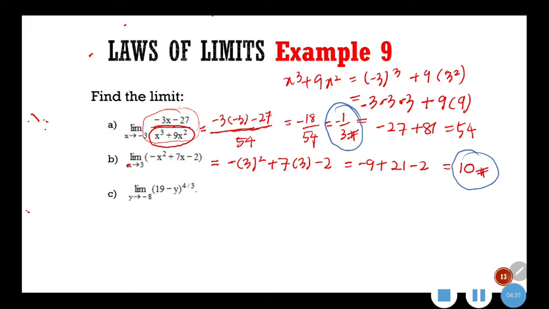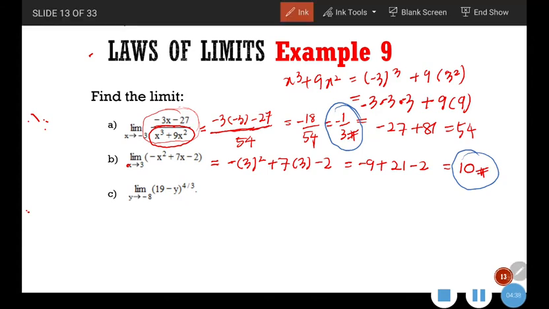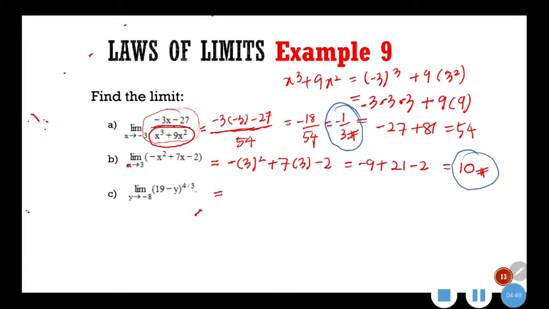And untuk C, untuk C pun simple je nampaknya kat sini. Okay, untuk C, though it is a fractional function here, as what we have discussed on the limit, kita boleh cari dia dengan find limit terus kat dalam ni, y approaching minus 8, 19 minus y, baru cari dia punya power, solvekan dia punya power.